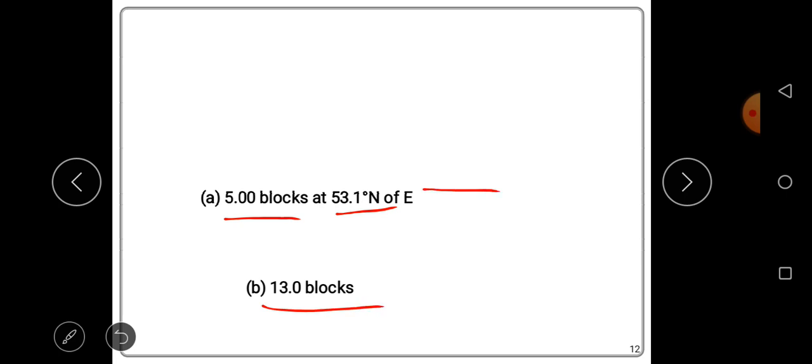So we can tell that the first is a vector, and the second is a scalar quantity. The vector has both the direction and the magnitude. The scalar has only the magnitude, it has no direction. So at this point we are done with what the question required us to do.